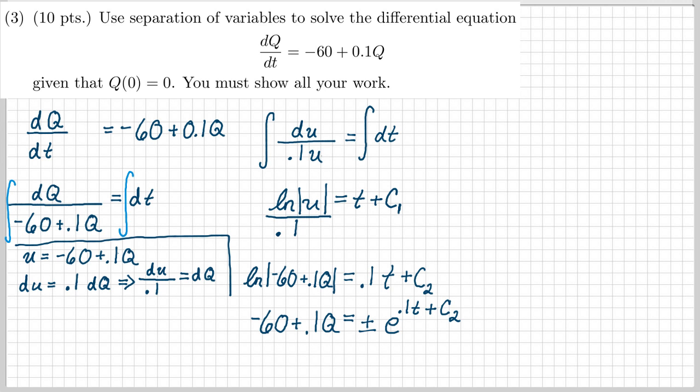And I put a plus or minus there so I didn't have to worry about those absolute values, but I'm going to get to drop that plus or minus in a second, because this will simplify to plus or minus e to the 0.1t times e to the c2. And I can just think of that as, if I rewrite this as plus or minus e to the c2 times e to the 0.1t, then I can treat this plus or minus e to the c2 as an arbitrary constant on its own.